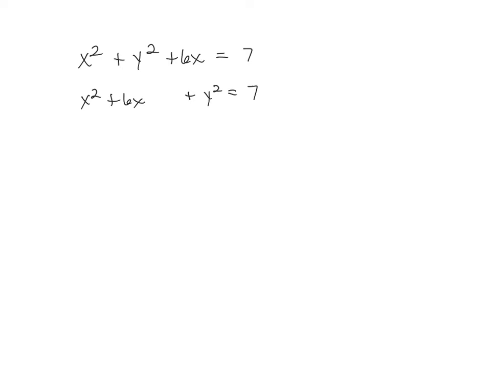So half the b term, half of 6 is 3, squared is 9. When I factor this, square root of 9 is 3. Why did I put a 0? Well, I do know why I put a 0. I was thinking ahead.